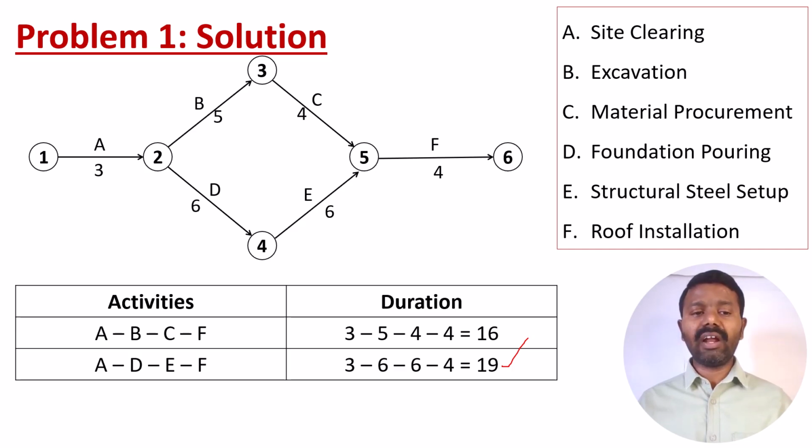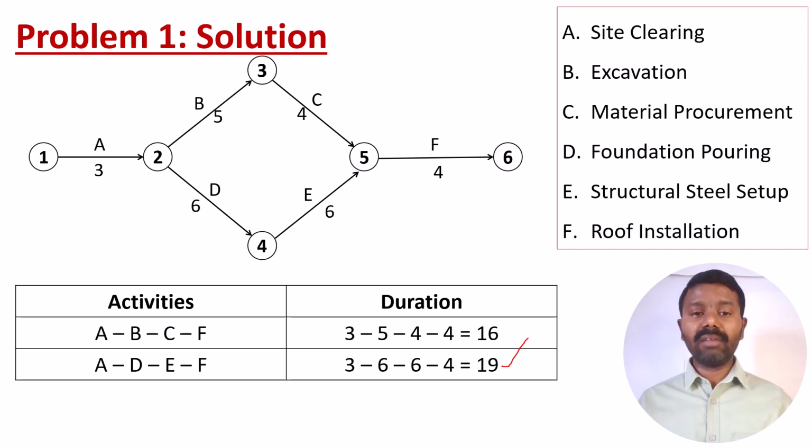So why are we not considering the minimum time? Because within 16 months those activities will be completed, but they can't complete F, because in order to start F they need to complete E also. To complete E, it will take 3 plus 6 plus 6.